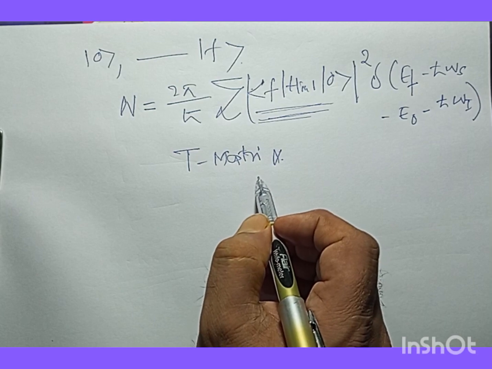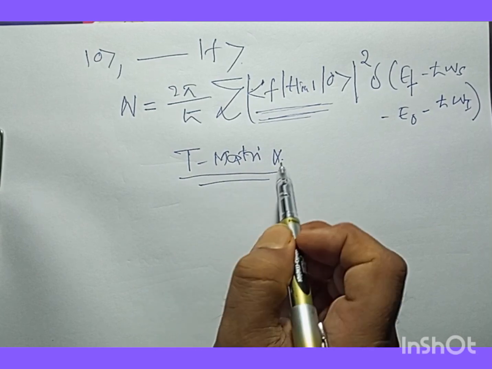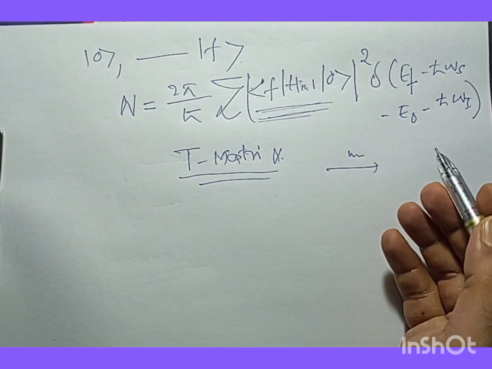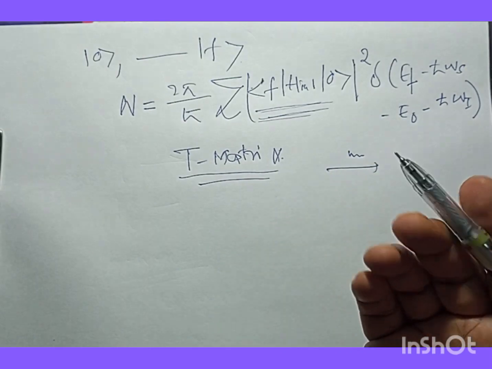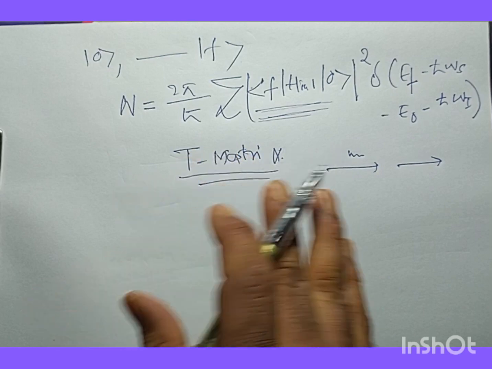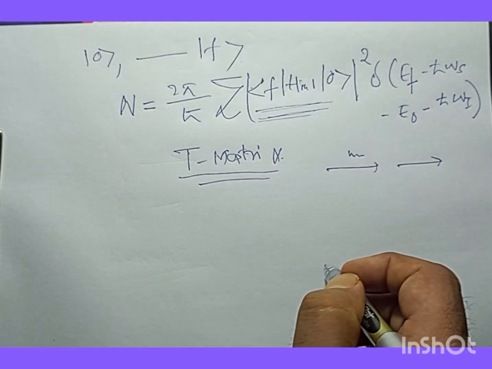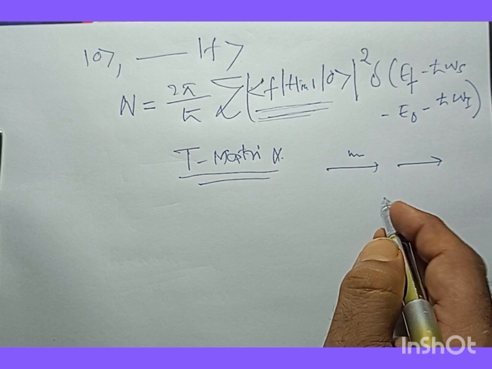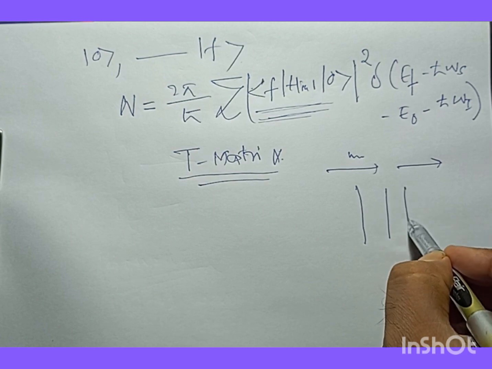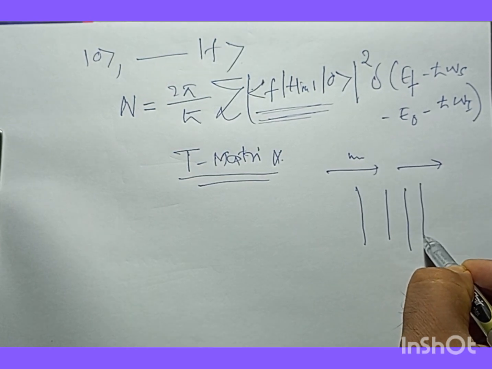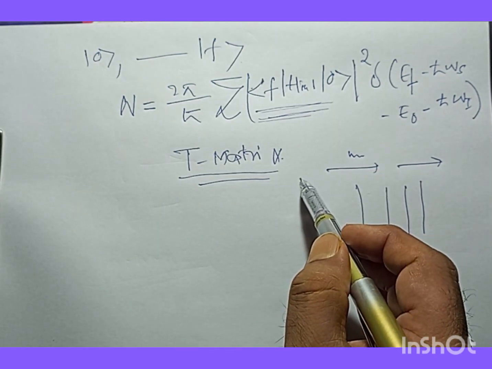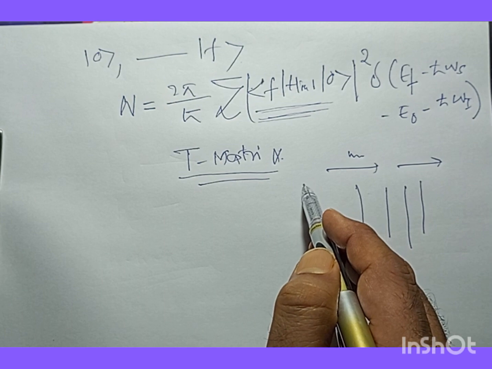Now, what is this T matrix? In the T matrix method, suppose we have the incident and scattered fields. These fields are expanded in series of suitable vector spherical wave functions, and the relation between the columns of the respective expansion coefficients is established by means of this transition matrix, or T matrix.